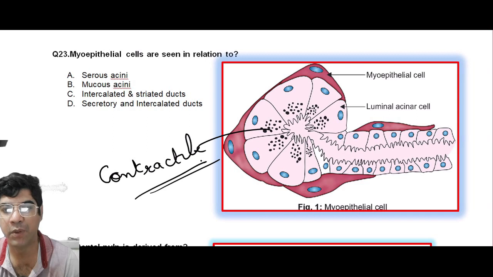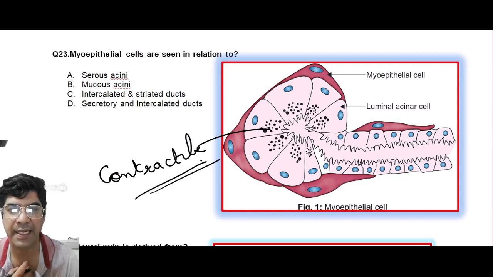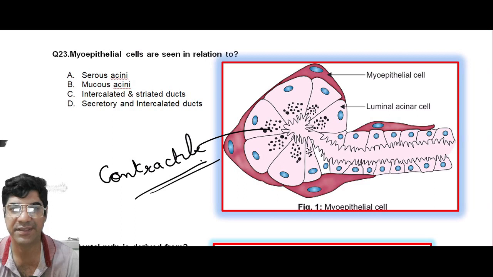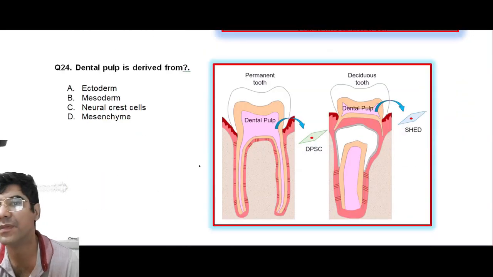The intercalated ducts are the small ducts that connect secretory acini to the larger ducts. So what is the role of these myoepithelial cells? They play a role in expulsion of saliva from acini into the ducts, which aids in the movement of secretion through the salivary gland system.